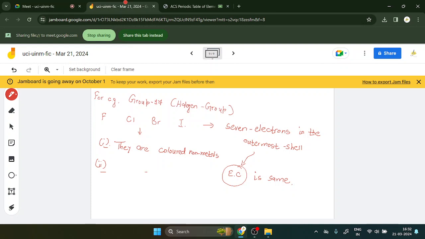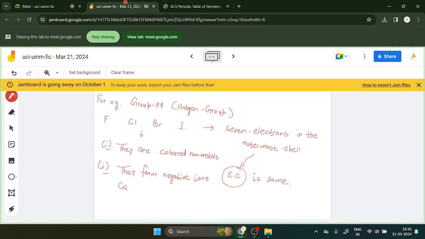They form negative ions carrying a single charge, right? For example, chloride ions, Cl minus ions.